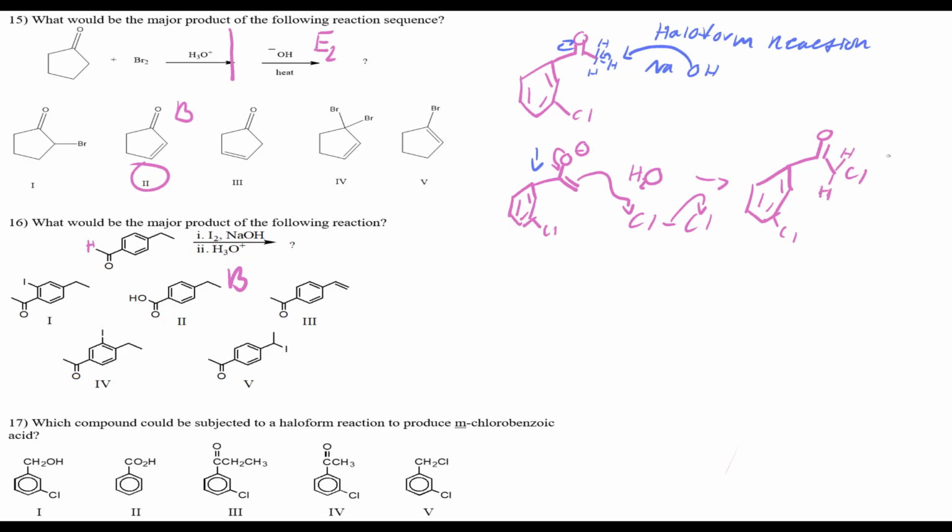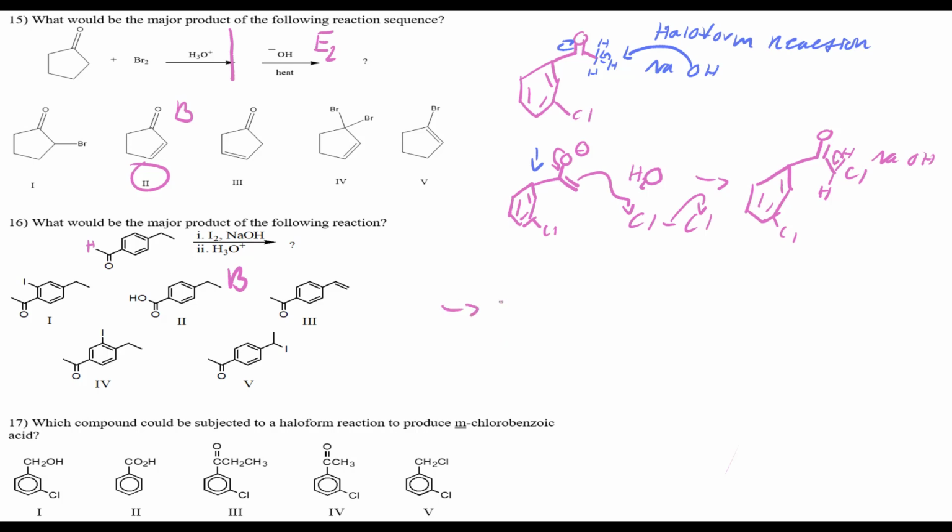And so let's say that we have sodium hydroxide again. And it's going to take out this hydrogen and so on. It goes through the enolate, the chlorine comes in, attaches itself, and then it does this again.